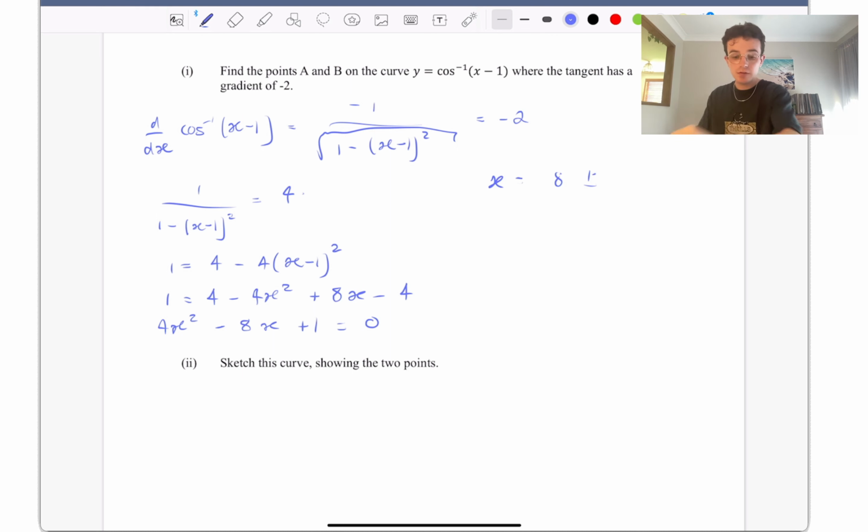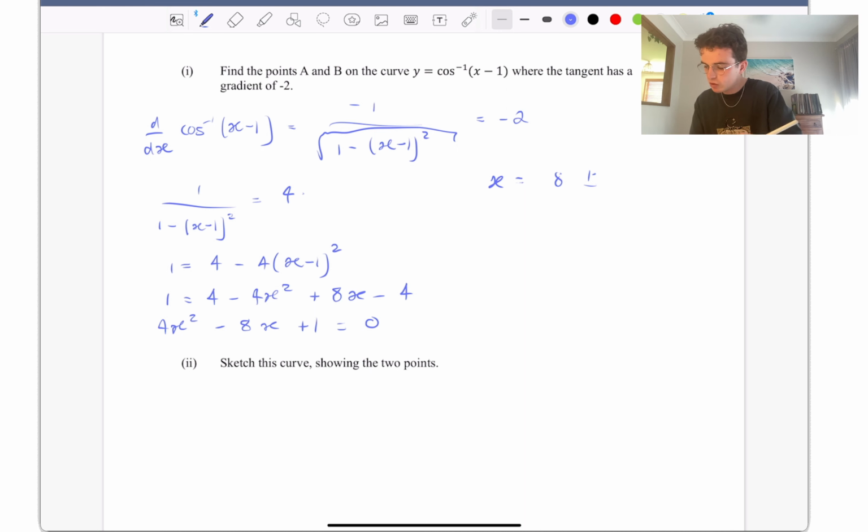Let's get my calculator for the discriminant. Square root of 8 squared minus 4 times 4 times 1, which is 48. That doesn't seem right. 4 times 4 times 1. Oh no, that's right.